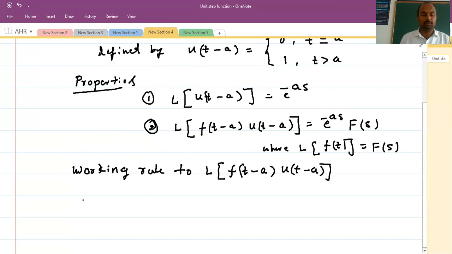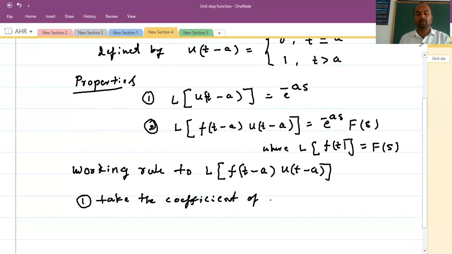The first step is to take the coefficient of u of t minus a as f of t minus a.